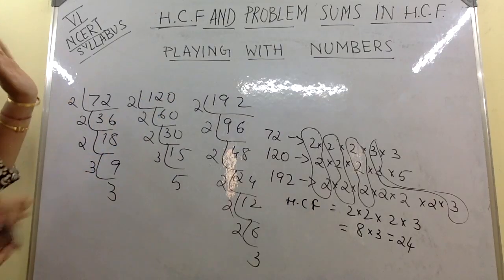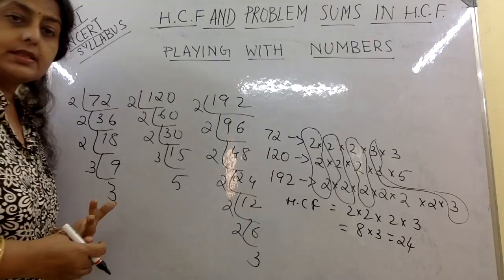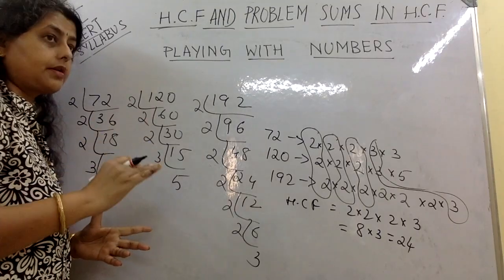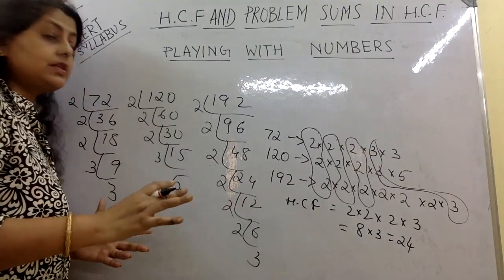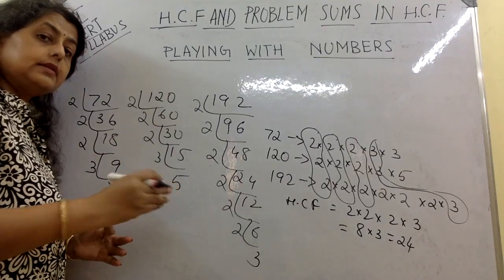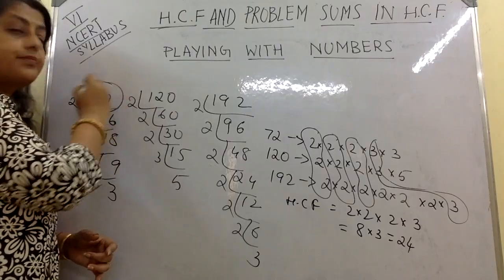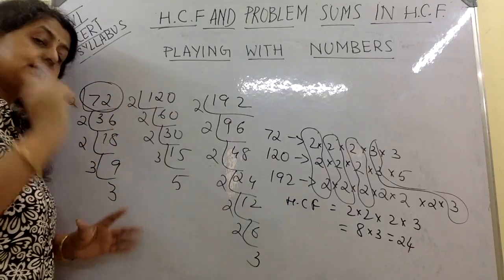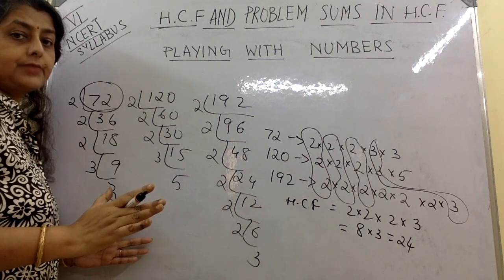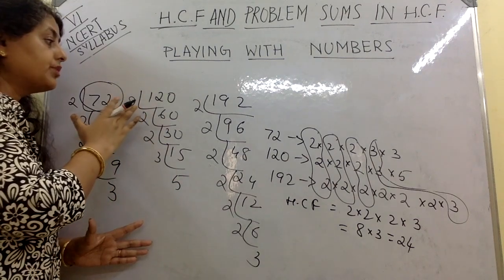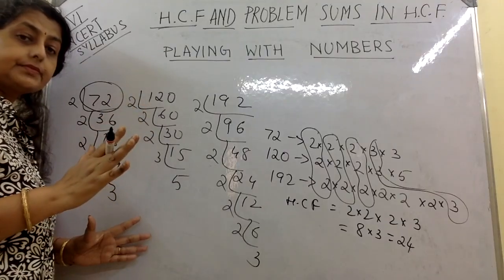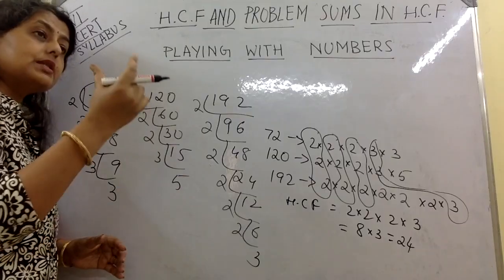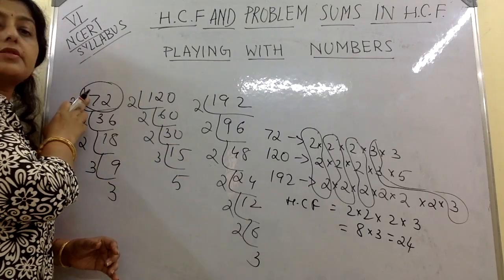Okay, so one thing I want to tell you all here, this is a very important thing to understand. Highest common factor, HCF, is always going to be either less than the smallest number, in this case, less than 72, or at max it can be equal to 72. Okay, it cannot be between 72 and 120. No. If you are getting an answer which is 90, you are wrong, because the number 90 can never be a factor of 72.